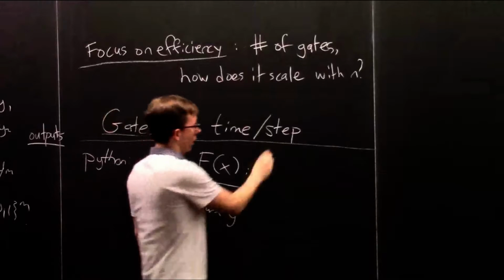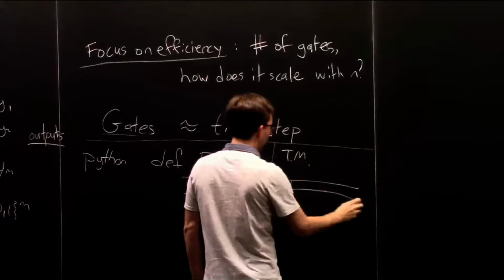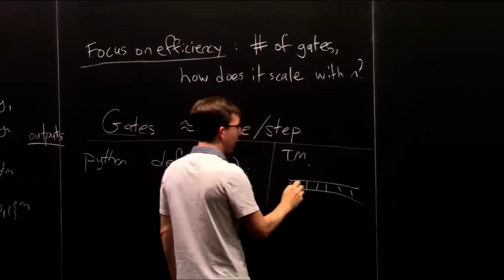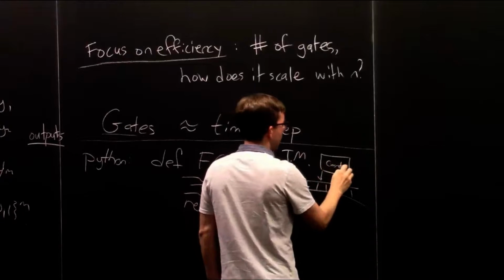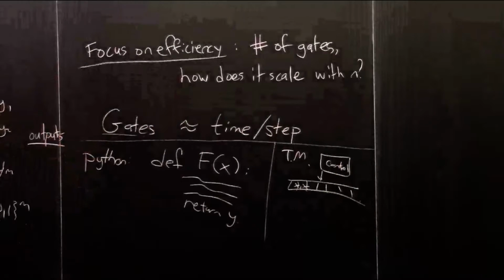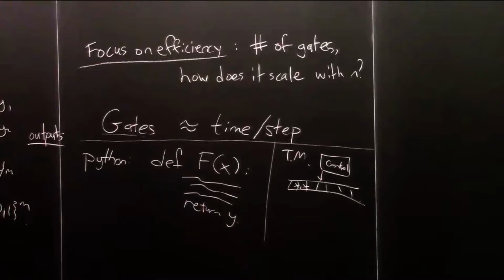Or if you're really into computer science theory, you might have the Turing machine model in your head, where there's some tape with X on it, and you count the number of steps that this thing takes. But I just want to briefly tell you that the running time of algorithms is really quite comparable to the number of gates in the circuit model.